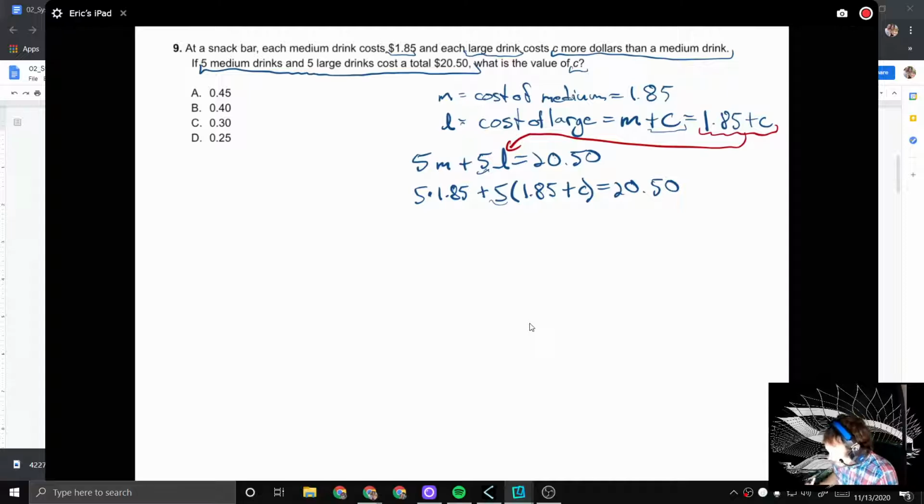Okay, so anyways, I fixed it, and now I distribute: 5 times 1.85 plus 5 times 1.85 plus 5C. I have 5 1.85s and add 5 more 1.85s. How many 1.85s do I have? 10 1.85s. If you have 10 1.85s, you have 18.50.